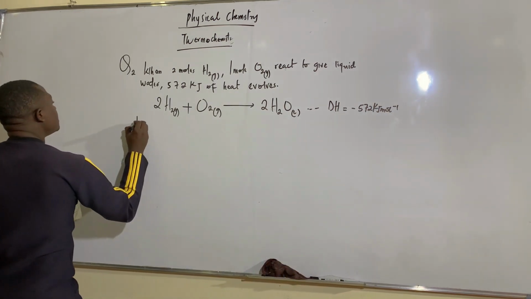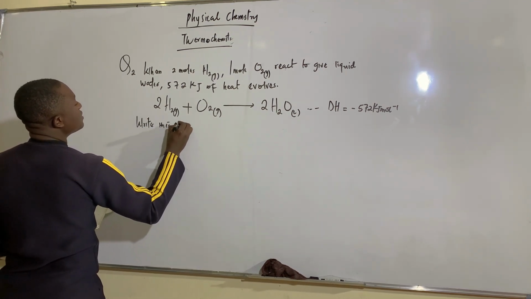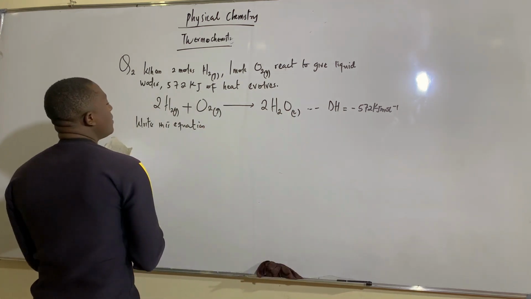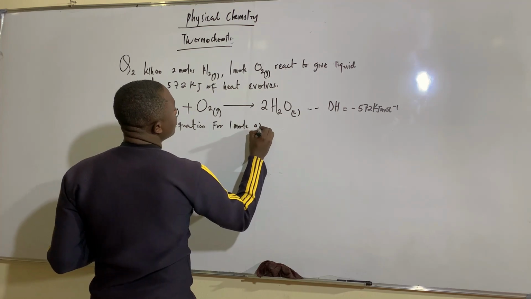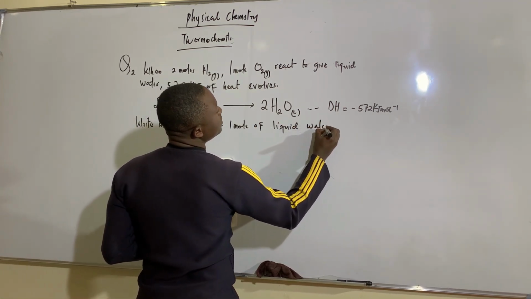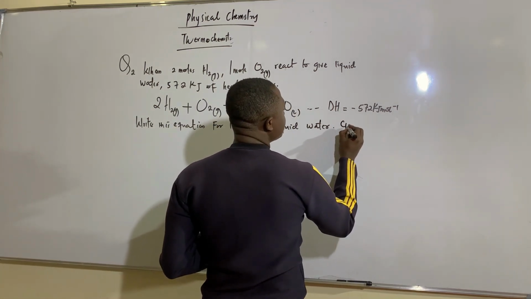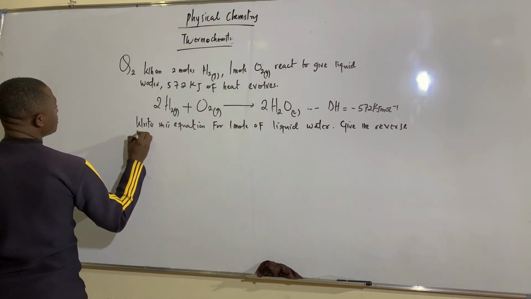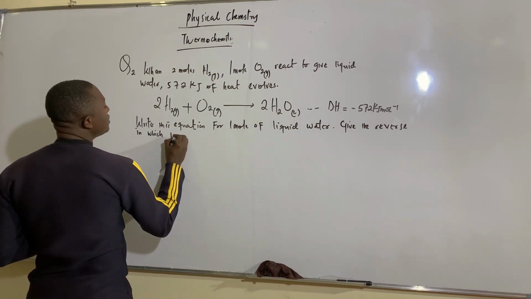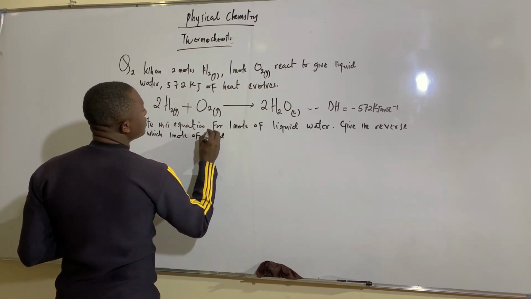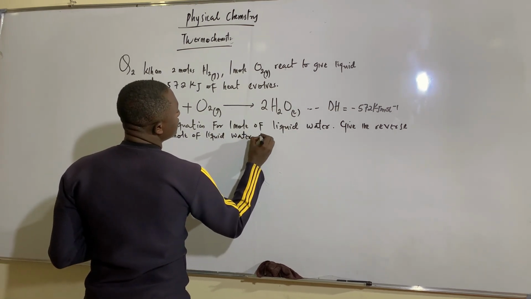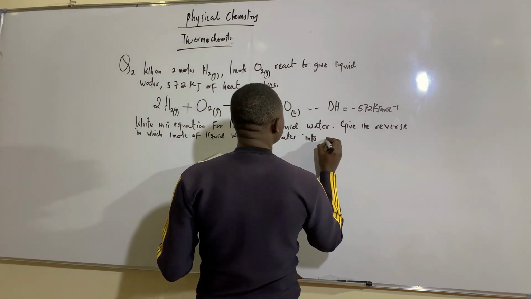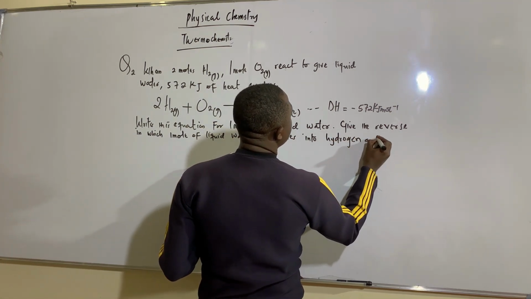So they now said, write this equation for 1 mole of liquid water, give the reverse in which 1 mole of liquid water dissociates into hydrogen and oxygen.